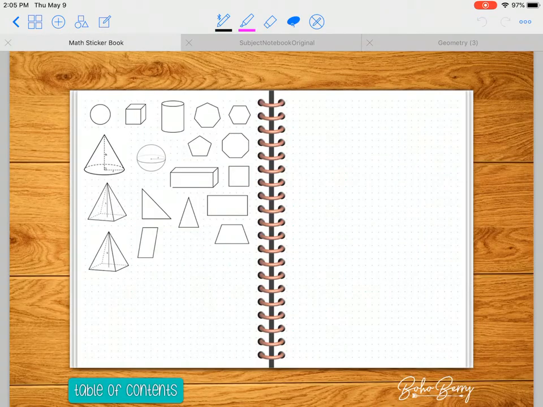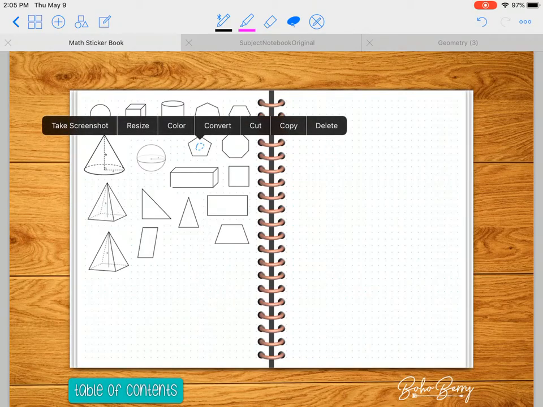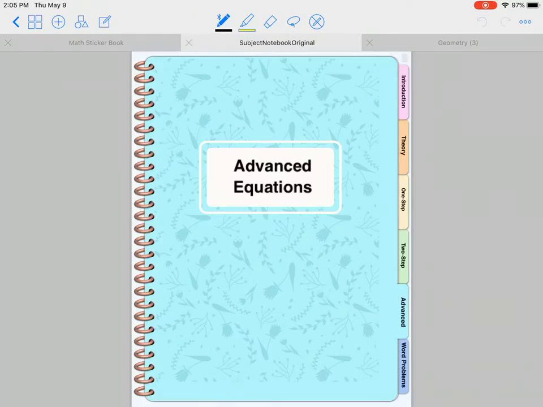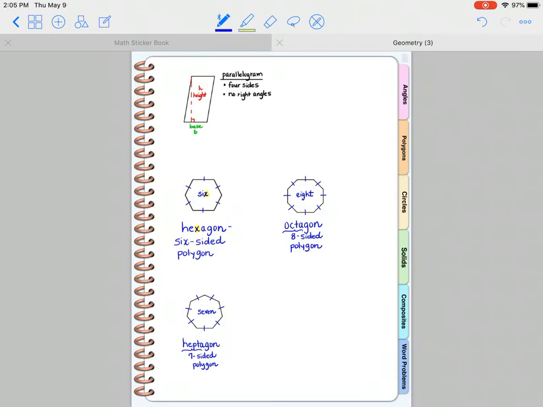Let me go into my little sticker book and we'll make a copy of this one and bring it over. I don't want to try to draw it because that's a little bit, sorry, algebra shouldn't be open. Here's one. See if we can get it to paste. Yes, and resize.